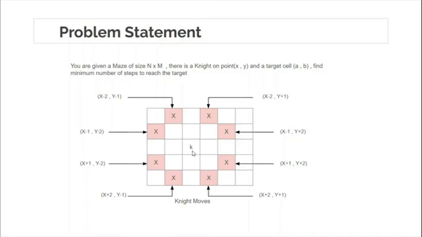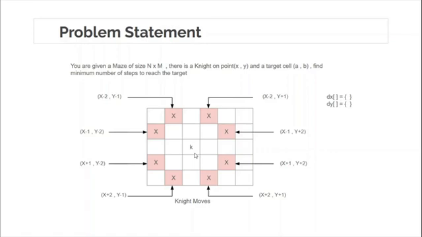You can see in the row we are going up by 2, so row number would decrease by 2, and in the column we are going 1 towards right, so column number would increase by 1. So this cell would be x minus 2, y plus 1. Similarly the rest I have already shown, so you can confirm it. If there is some mistake, just mention it in the comment section. So these are the possible moves that a knight can have.